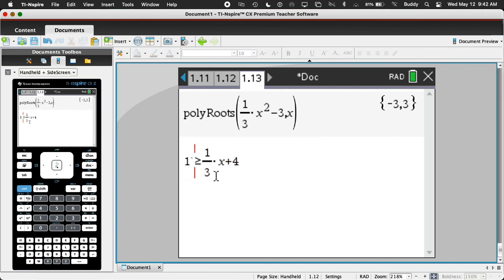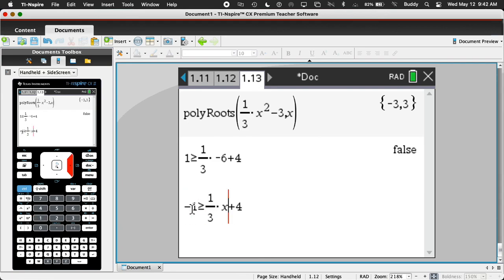So 1 and -6. False for the first one. Let's try the second one. Control-V to paste. -1, +6.